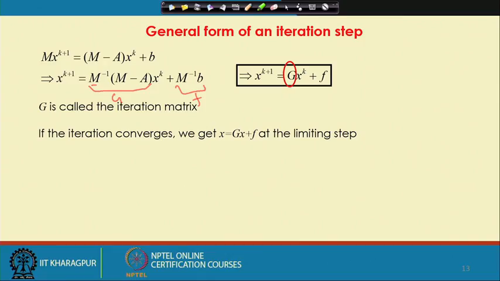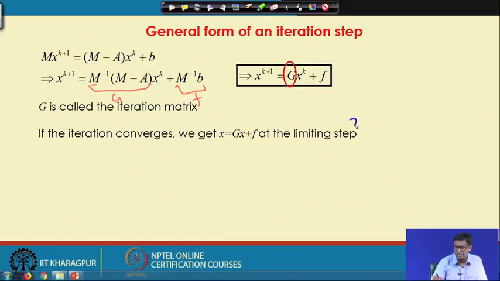So we get a converged solution where x cannot be further updated; x has converged to a particular solution. When the iteration converges, x k plus 1 is nearly equal to x k.